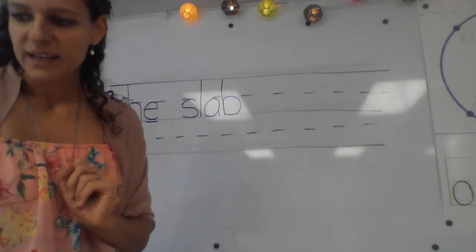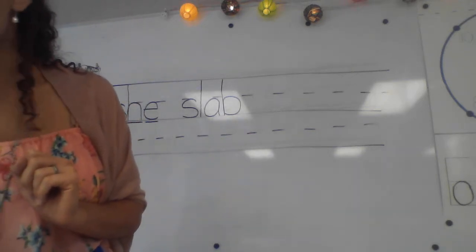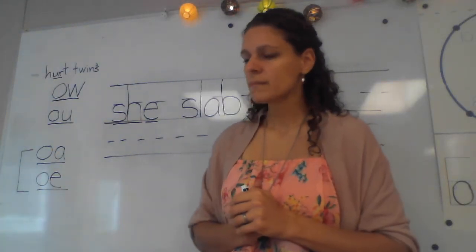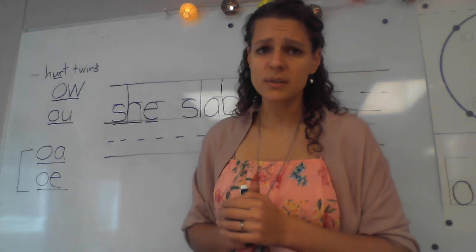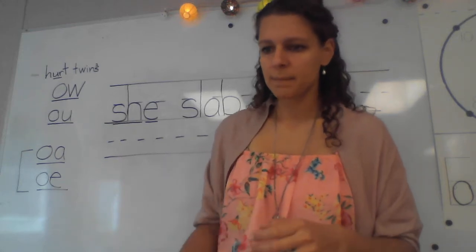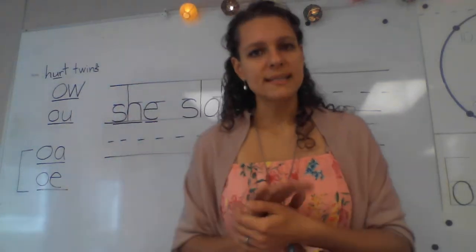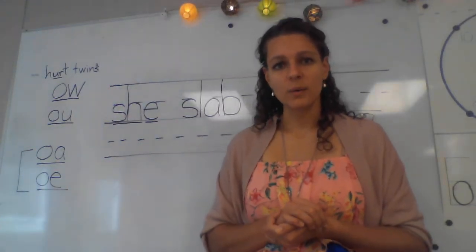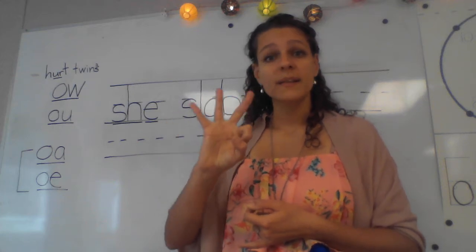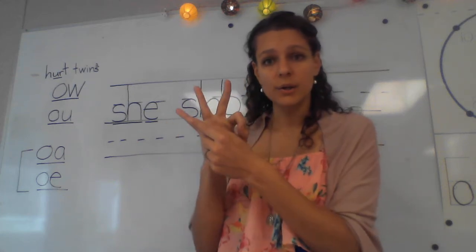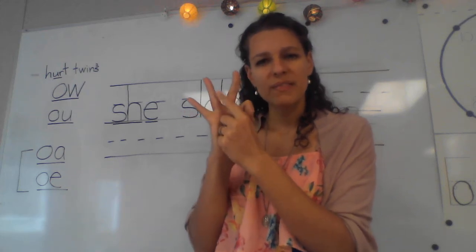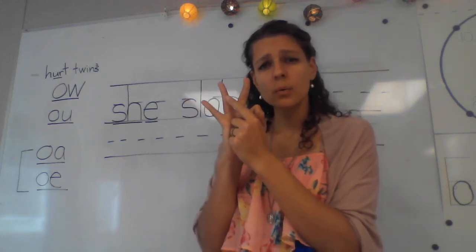All right. The next word that we're going to write is the word cute. What's the word? The puppy was so cute, I wanted to take him home. Cute. All right, class, what sounds do we hear in the word cute? Good, the sounds that we hear are k, u, t. All right, but this is our u, u.